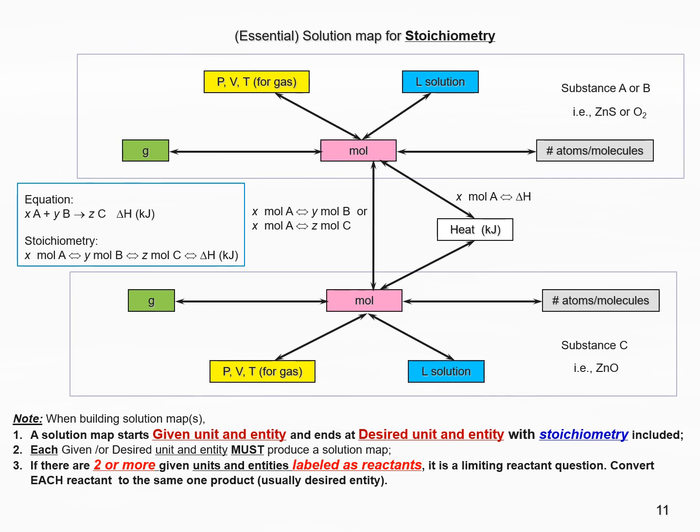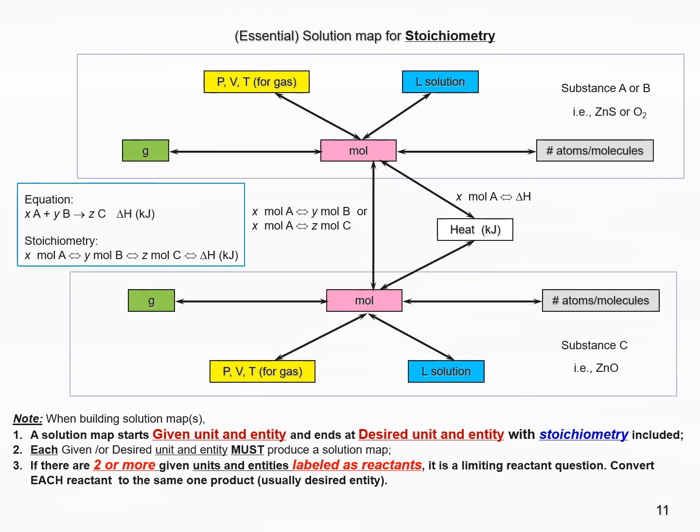Here are some tips. A solution map starts at the given unit and entity and ends at the desired unit and entity, with the stoichiometry included. That means we have to have moles of given entity to moles of desired entity right in the middle of the solution map, as we already discussed in the previous calculation problem. Another thing I want to point out is number 3.